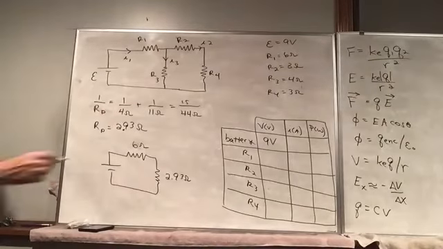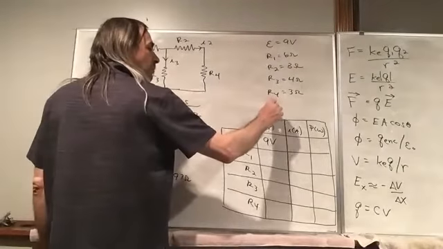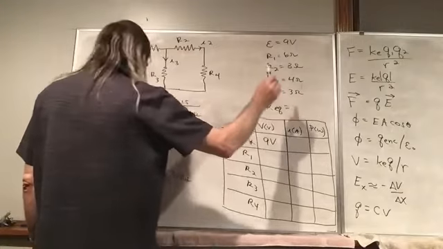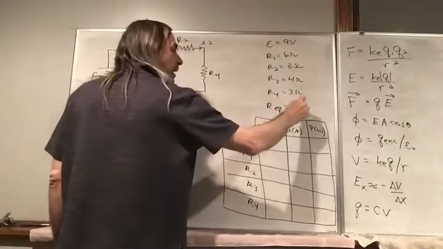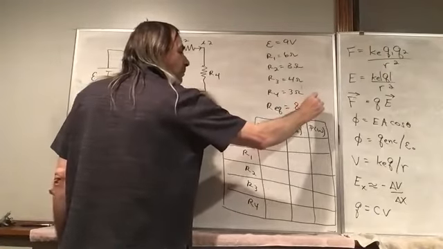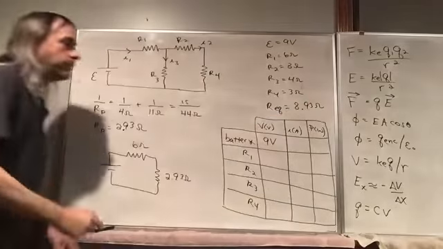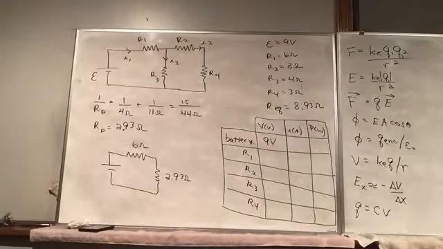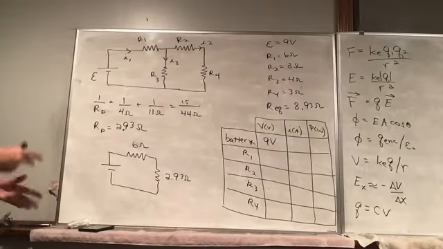So the equivalent resistance of the circuit is 8.93 ohms. Okay, so that is the first step, regardless of what your circuit looks like. Again, there are possible exceptions where you can't do this, but you don't have to worry about that.